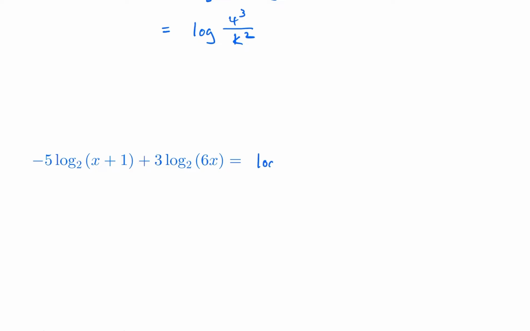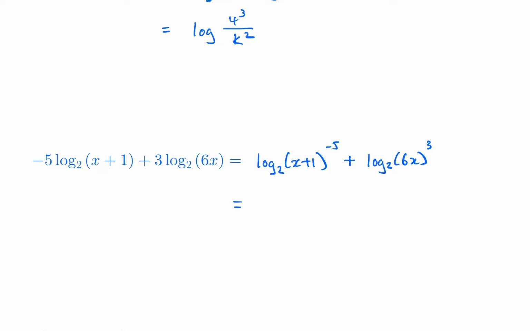So this becomes log of x plus 1 to the negative 5th power base 2 plus log of 6x cubed base 2. Now we have this addition, which means that both of these are going to be multiplied together.